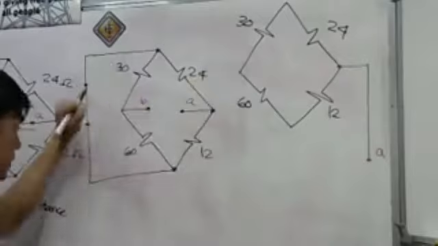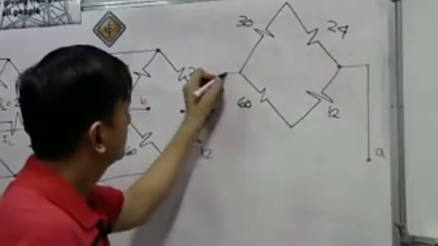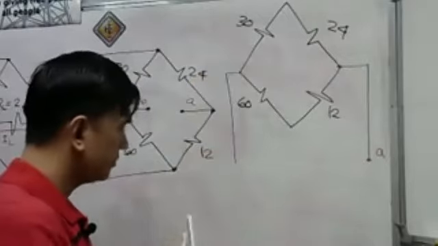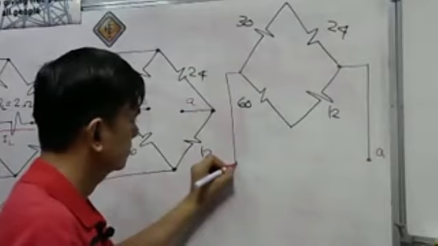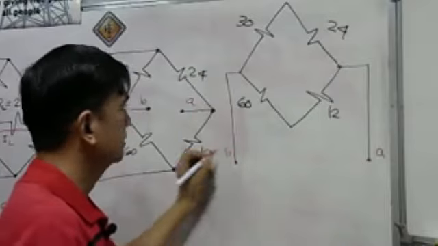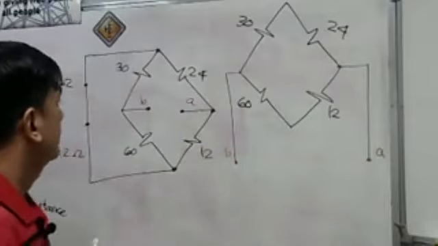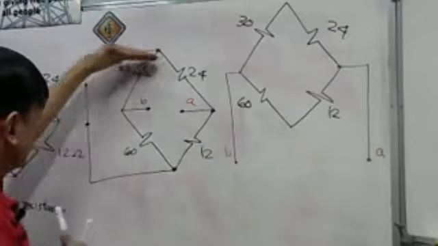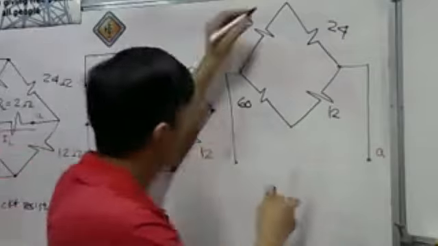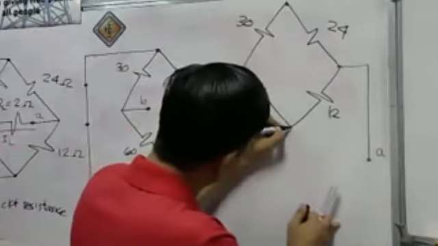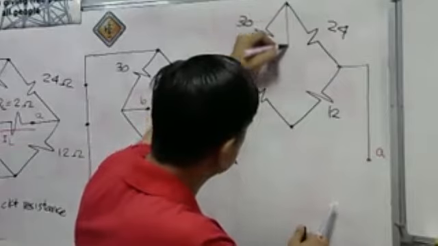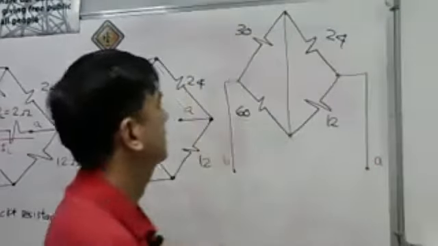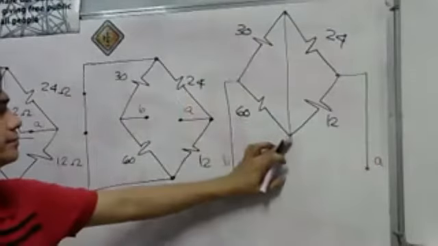So, this is our point B. And then, this conductor is also this conductor. It's just like saying short-circuiting these 2 points here.